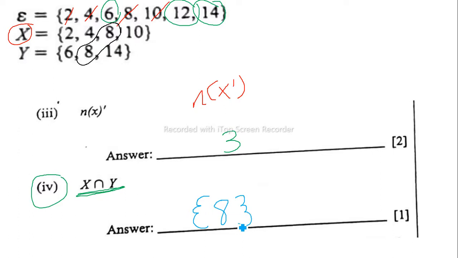So 8 is the only number in the intersection. Alright, can we move on? Yes, sir. Alright, that's good.